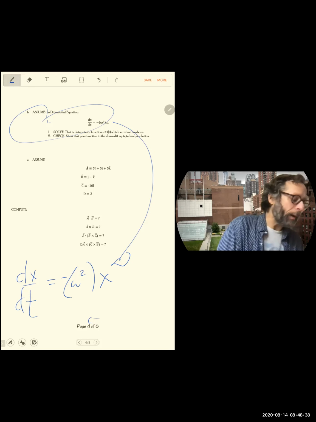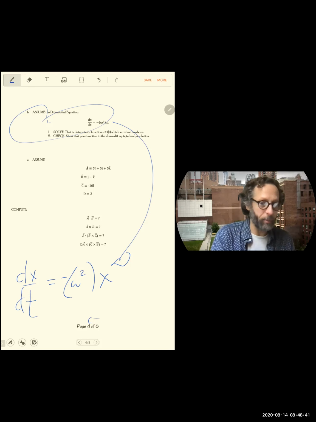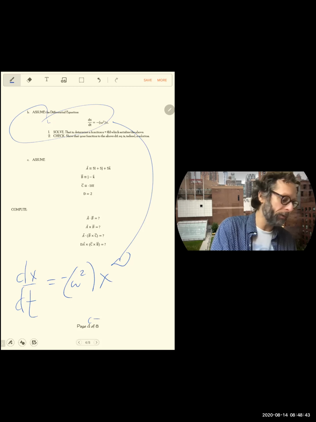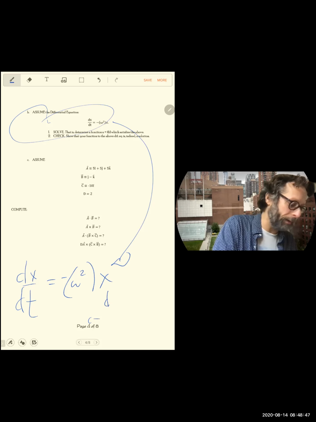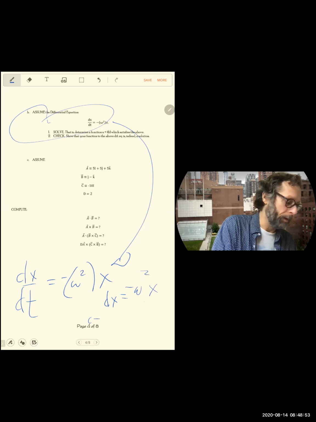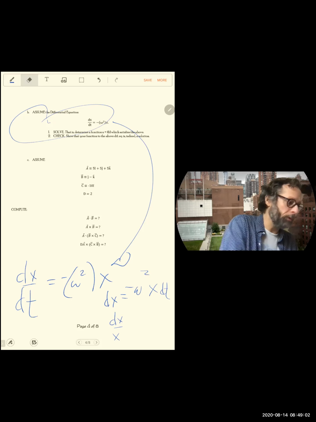And the thinking that I wanted to see right here, the one step that I think we did go over in class a number of times, is: multiply both sides by dt, because in fact you are allowed to, and it does make sense to, and then divide both sides by x. In other words, collect all those x terms. This thing is just here for no reason.